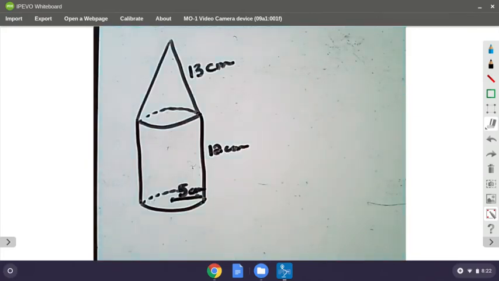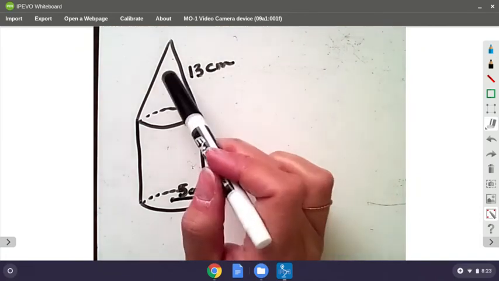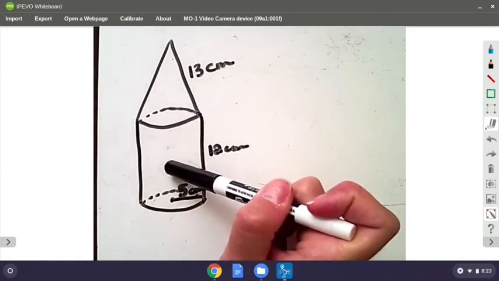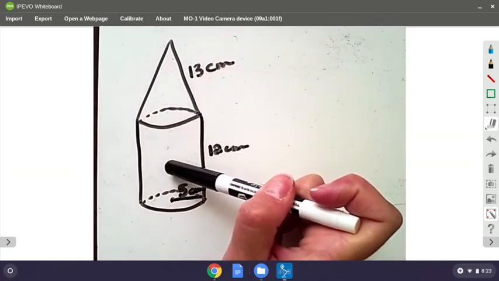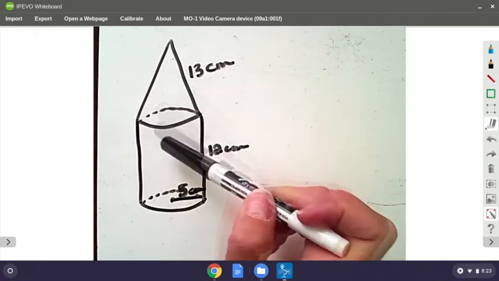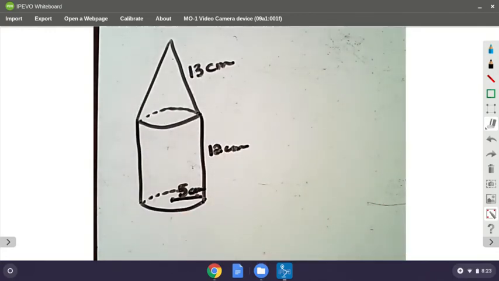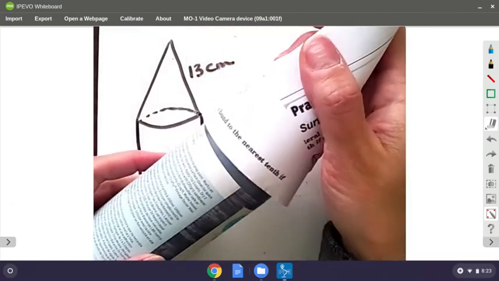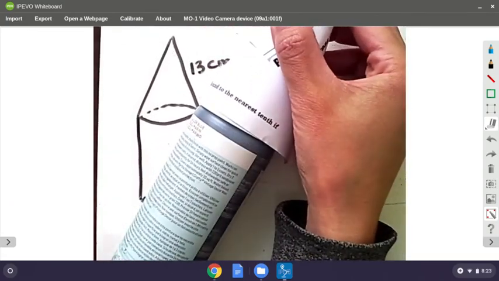Okay, so if we're going to find the surface area of this composite figure, it's a little different than the volume, because for volume, you just find the volume of the cone, find the volume of the cylinder, add them together. For surface area, you have to remember that we only want what's on the outside. If you could imagine, this is kind of what it's like, right?